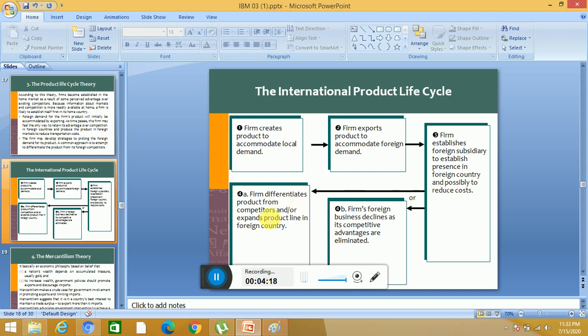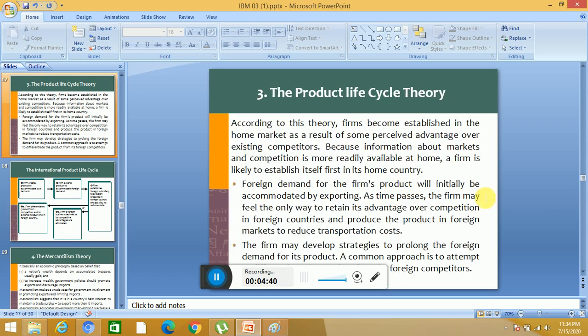So this is the fourth step. After establishment of the foreign subsidiary, the next step is that they will differentiate their products and develop a competitive advantage over competitors. Otherwise, they will be out of competition.